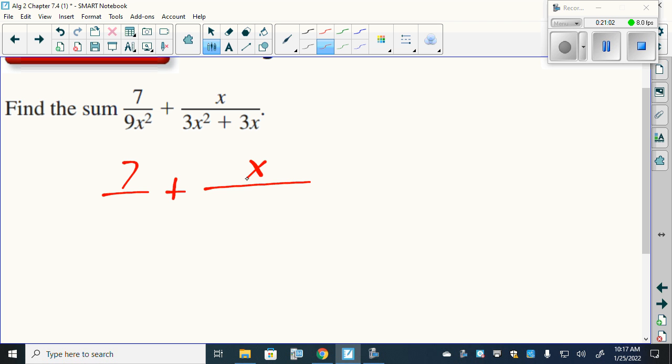What we want to do first is to factor the denominators as far as we can. Well, 9x squared is going to stay the same because it's only a single term. What can we do with the 3x squared plus 3x? We can factor 3x out. We can divide each term by 3x. So we'd have 3x times x plus 1.